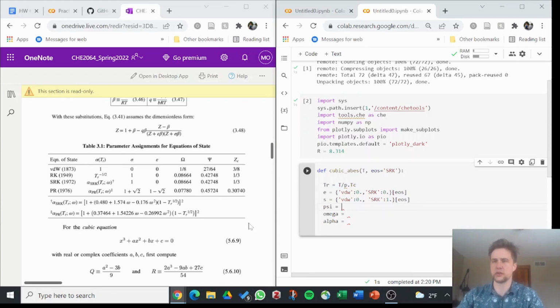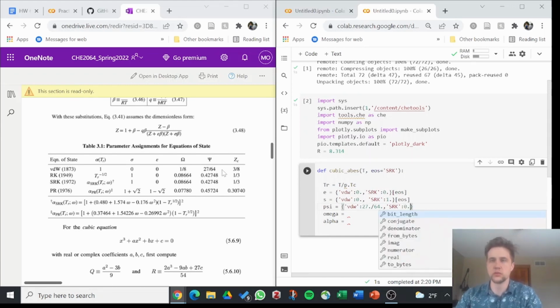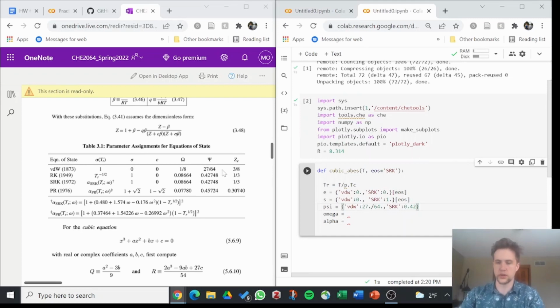Okay. Now the psi, what is psi? Psi for van der Waals is 27 divided by 64. And then for SRK, psi is 0.42748.